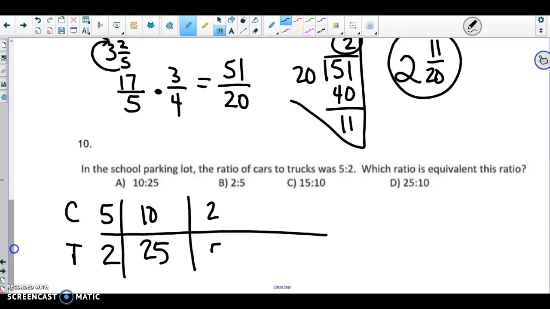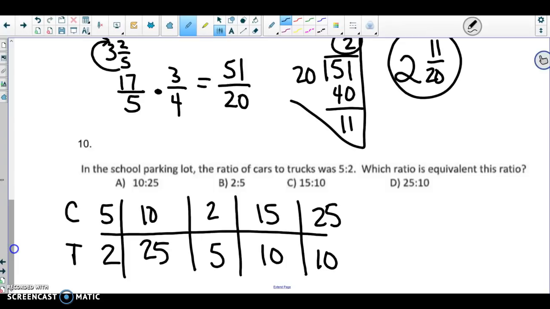Is 2 to 5 the same? Is 15 to 10 the same? Or is 25 to 10 the same? Okay, I'm going to cross off this one to start with because I can't just flip them around. They're not going to be the same. So that one isn't going to work.